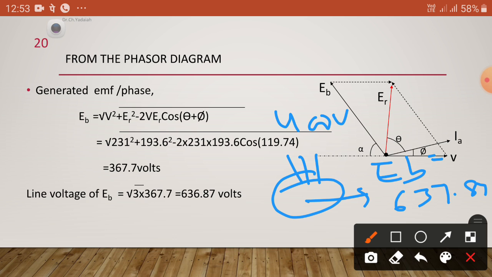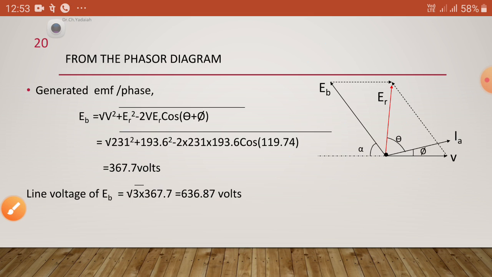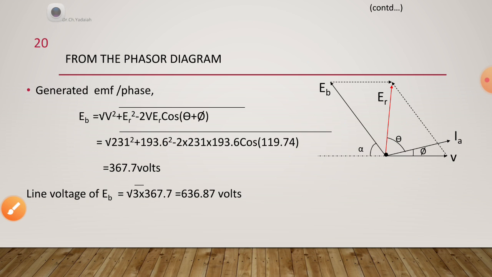So already we know that in over excitation the EB is greater than the V. Now this is only 400, this is 637 volts. Okay. Line voltage, phase voltage we calculated into line voltage. So that is 637.87 volts generated inside. This is the required voltage.